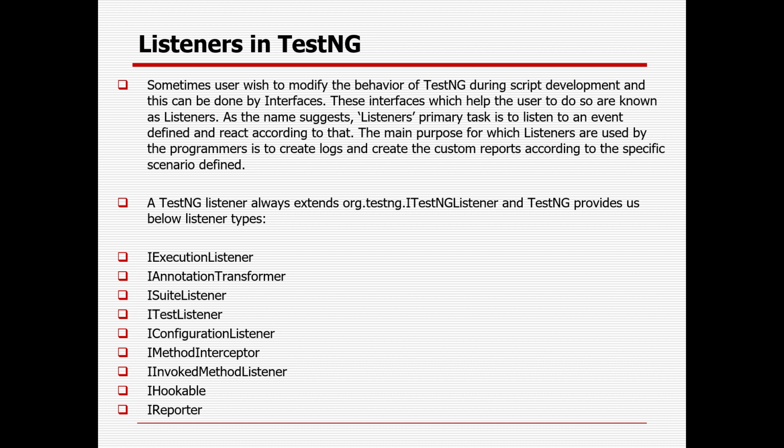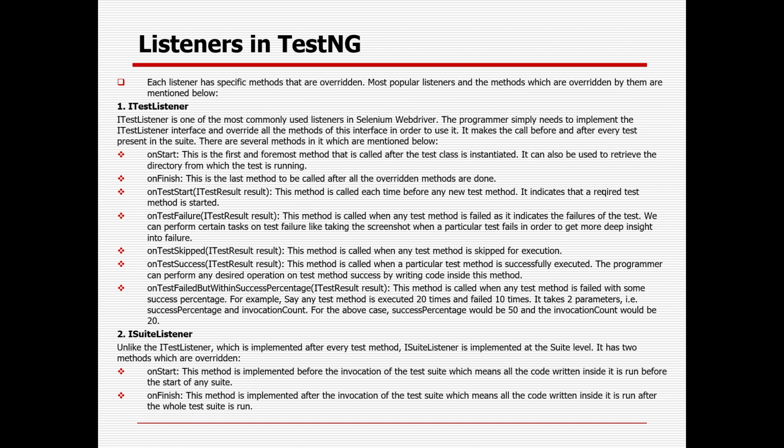A TestNG listener always extends org.testng.ITestNGListener, and TestNG provides the below listener types: IExecutionListener, IAnnotationTransformer, ISuiteListener, ITestListener, IConfigurationListener, IMethodInterceptor, IInvokedMethodListener, IHookable, IReporter. But primarily we will be using ISuiteListener and ITestListener. Each listener has specific methods that are overridden. The most popular listeners and their overridden methods are mentioned below: ITestListener and ISuiteListener.